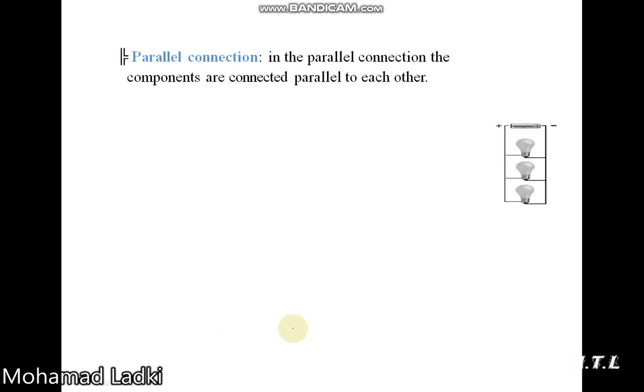The second type of connections is a parallel connection. In a parallel connection, the components are connected parallel to each other, as we can see in the figure. The lamps are connected in parallel to each other.